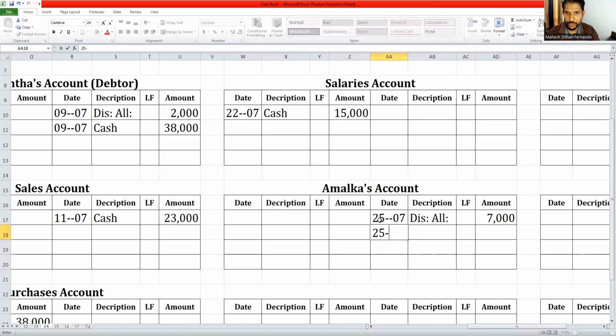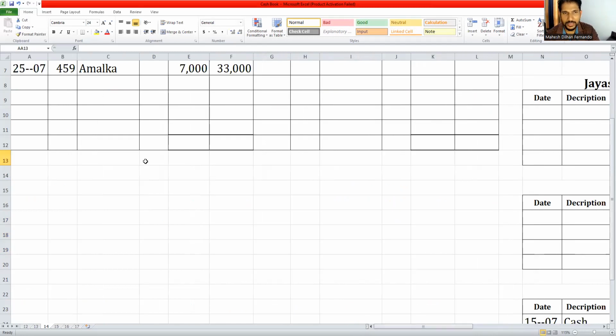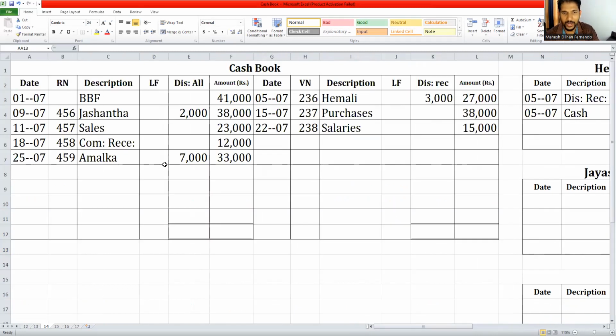And on the same day, 25th of July, we have collected 33,000 in cash. Are we clear? This is how you prepare or complete Amalka's account. Total settlement to Amalka is 40,000.